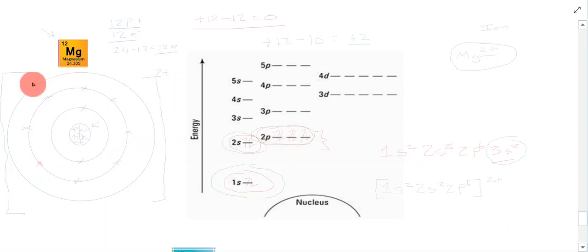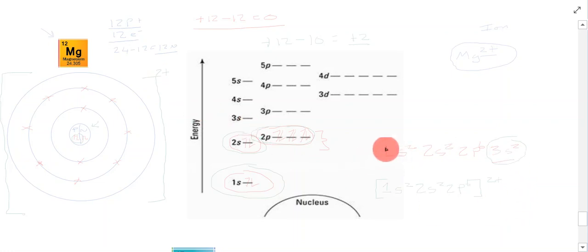Then you can see that this outer energy level is empty, and the positive charges from the protons and the negative charges from the electrons are now unbalanced. You end up with 2 more positive charges, 2 less negative charges, so you get a 2 plus ion being formed.